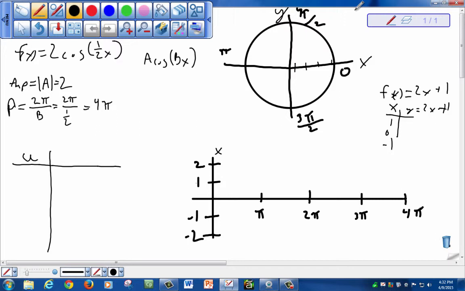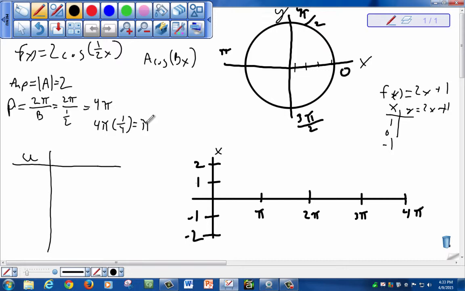Now, every trigonometric function will have different key points. One of the easiest ways to find key points is to just multiply the period by 1/4. In this case, we have the period being 4 pi, and then we multiply that by 1/4, which will give us pi.